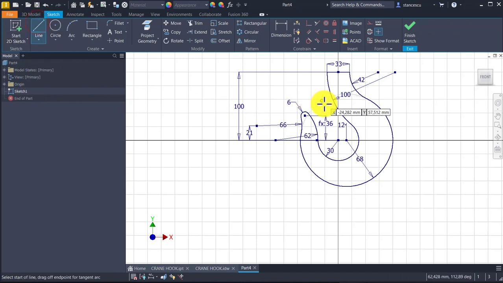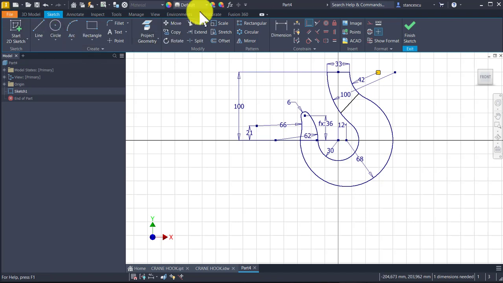Look here. This is the first, from one side to the other. This must be coincident with this point, 42.